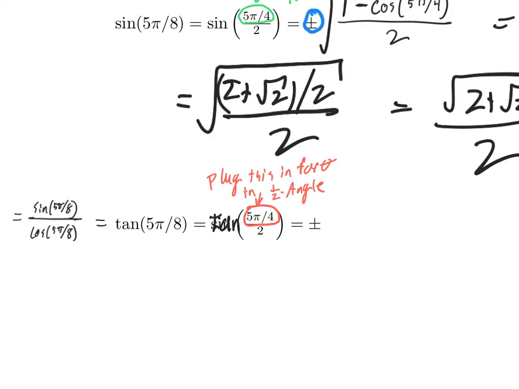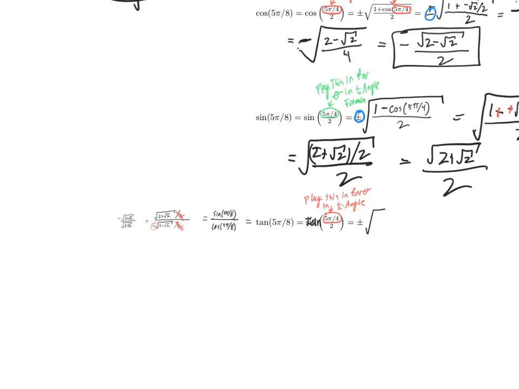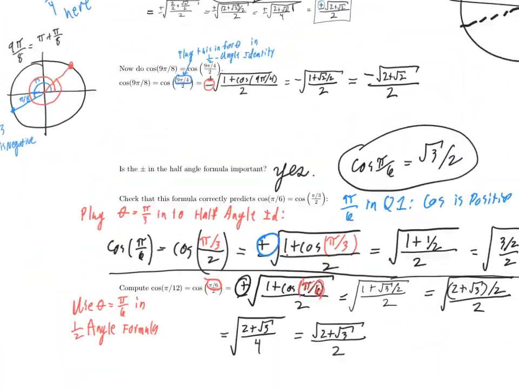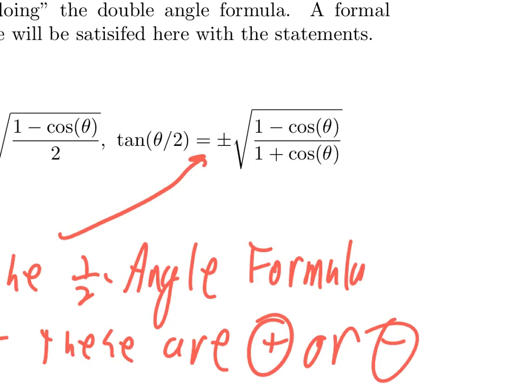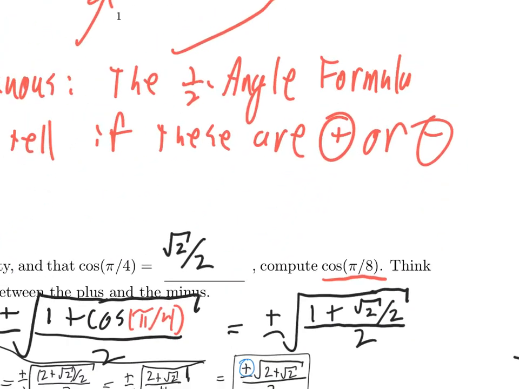So let's see what that becomes. So that'll be plus or minus the square root of, and now we'll remind ourselves the half angle formula for tangent. Plus or minus square root of 1 minus cosine divided by 1 plus cosine.